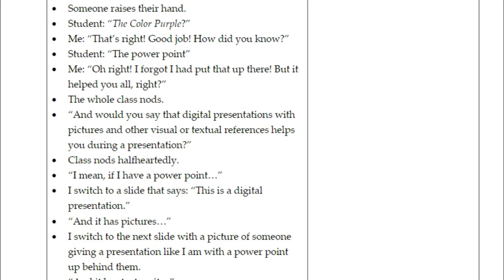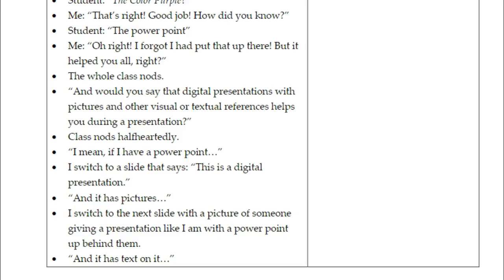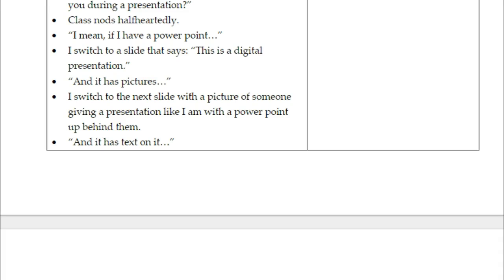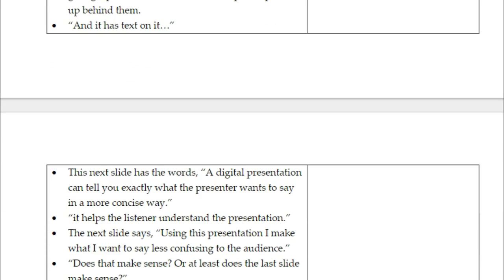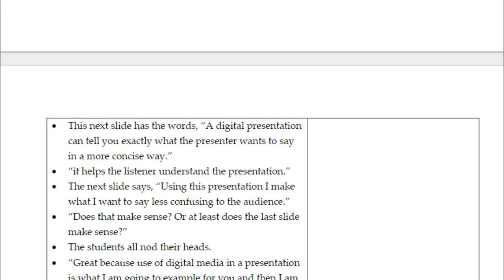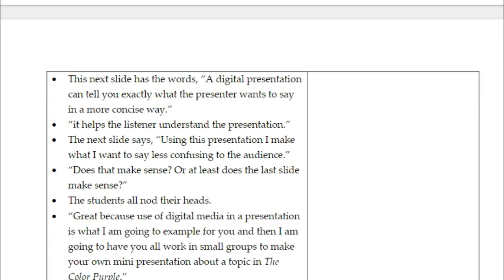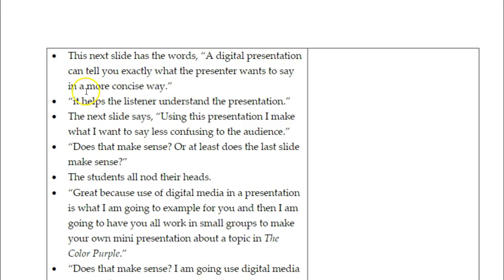And I think freshmen in 2015 are going to be familiar with PowerPoint and computers and all those things like that. So right here, you're going over digital presentation, has text, has pictures. Right here, a digital presentation can tell you exactly what the presenter wants to say in a more concise way.